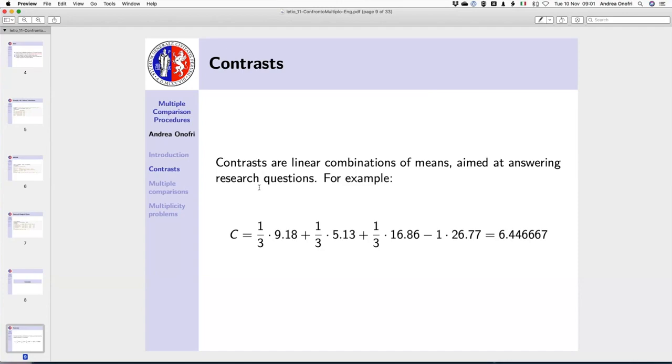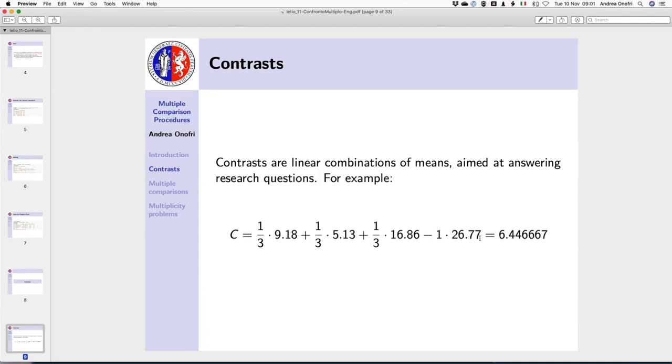This is one contrast here. So we have 1/3 multiplied by the first mean, 1/3 multiplied by the second mean, 1/3 multiplied by the third mean, then we have -1 multiplied by the fourth mean.